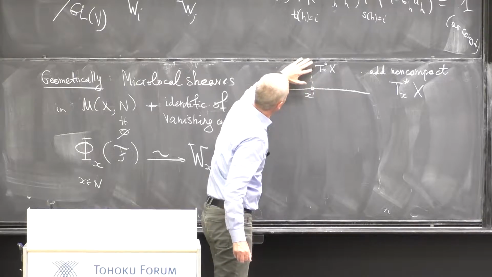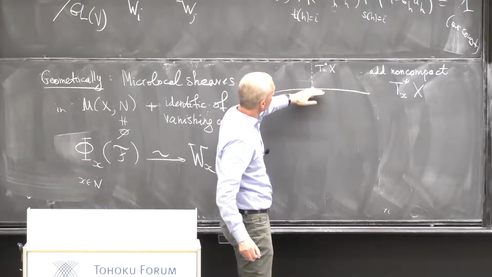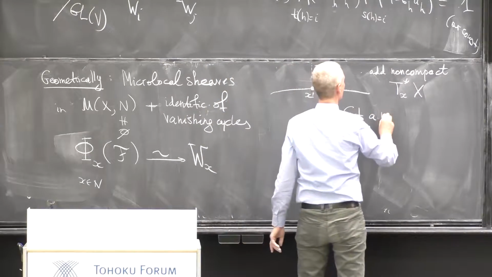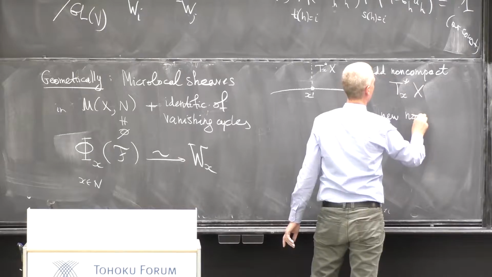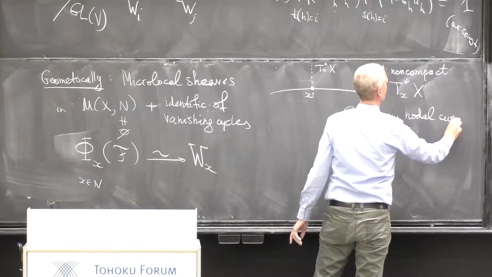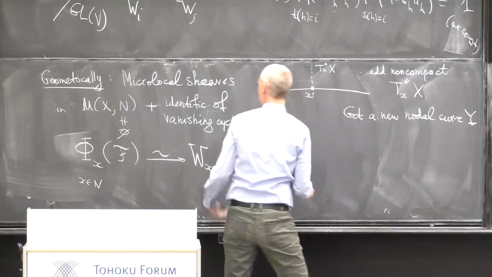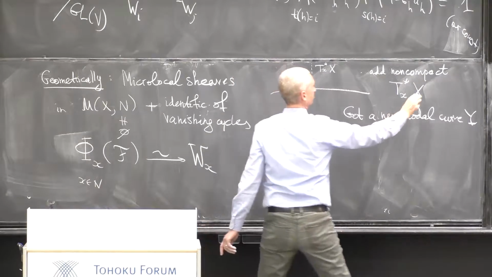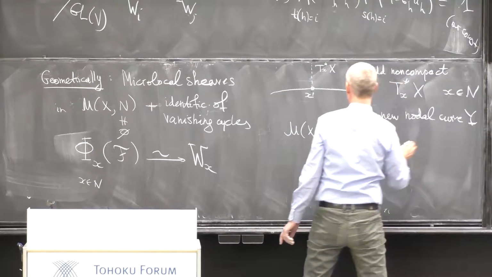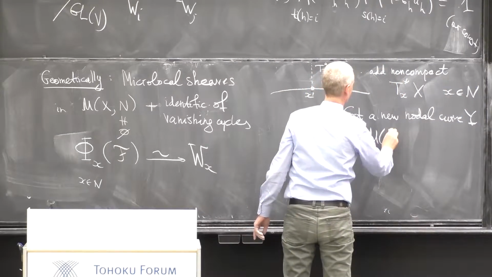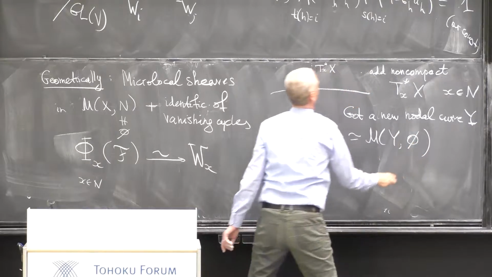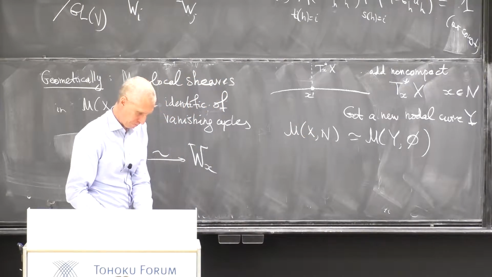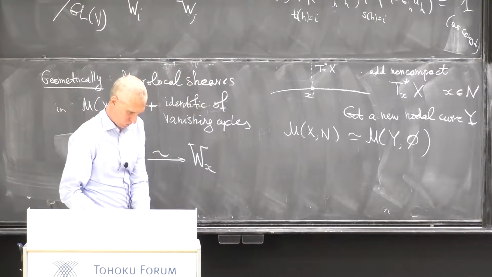It will still have a canonical identification of tangent spaces. So again, we get a new normal curve. Then we can say that m of x is the same as m of y and nothing. But if this was compact, this will be non-compact.